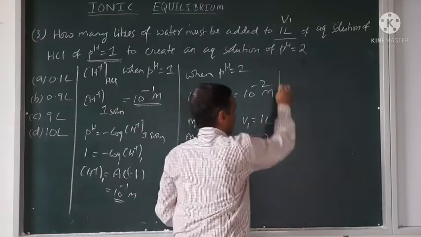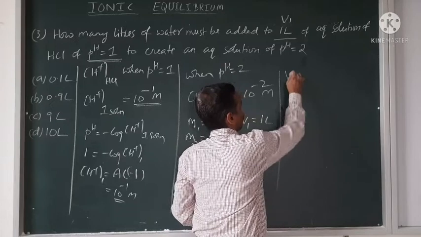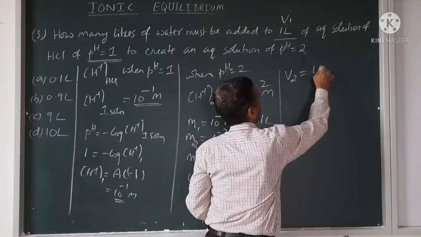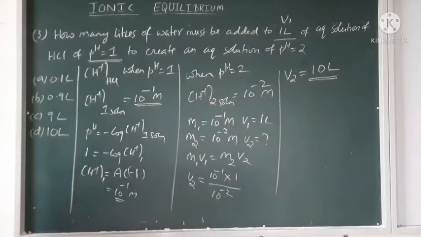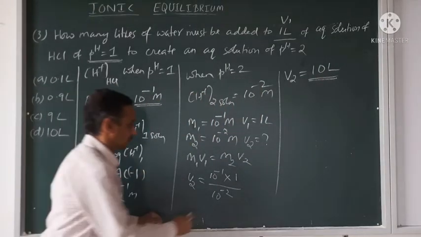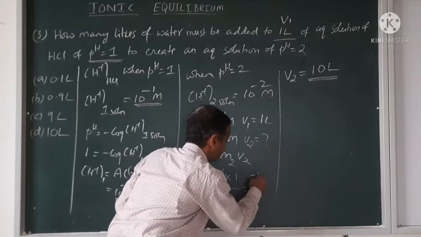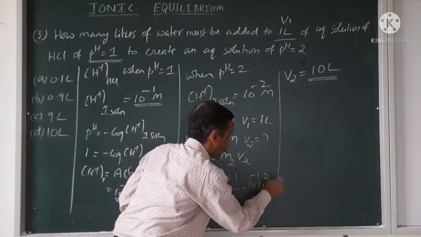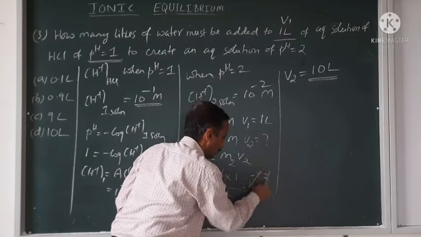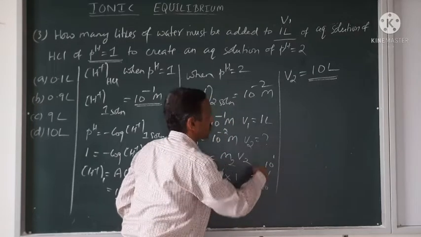That implies V2 is equal to 10 liters. What happens here? When the 10 to the minus 2 comes to the numerator, it becomes 10 to the power plus 2. So 10 to the power minus 1 and 10 to the minus 1 cancel, 10 to the power 1 remains, which is 10 liters.